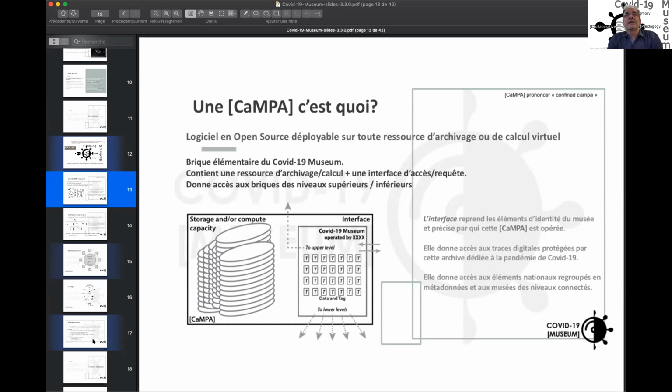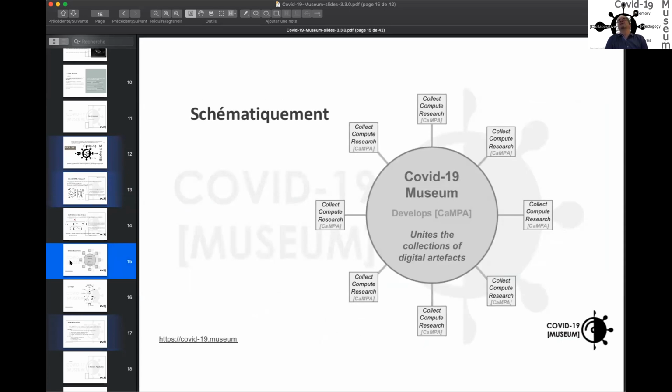So, to understand the construction of the COVID-19 museum: it is an entity which is indeed empty. It is only developed with this software COMPA, and it is used to unite the collections of digital artifacts. What is important are the squares around the COVID-19 museum, because they are the active part of it.